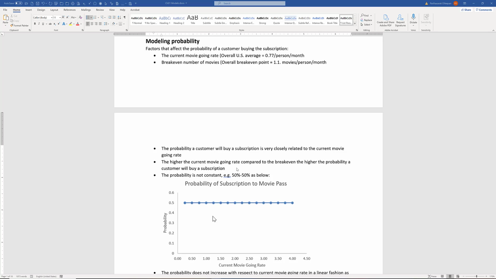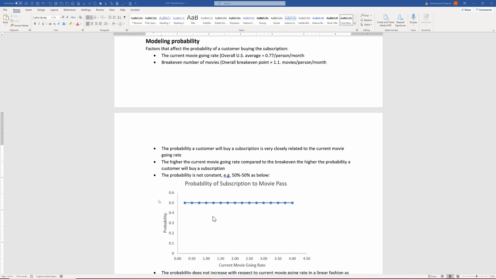That probability is not a 50-50 proposition. If it were 50-50, this is what the probability would look like: whatever the current movie going rate may be, it's a constant 50%, and that doesn't make any sense at all.